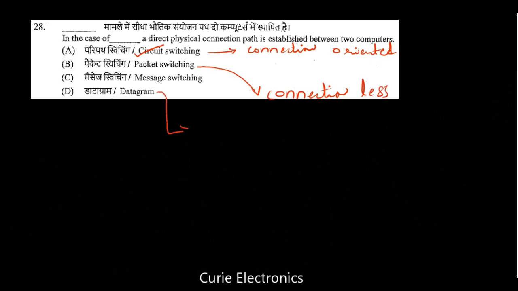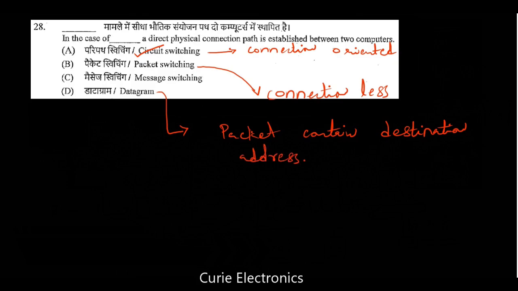And in a datagram, the packet header contains the destination address, so it reaches. In circuit switching, there is a direct link.